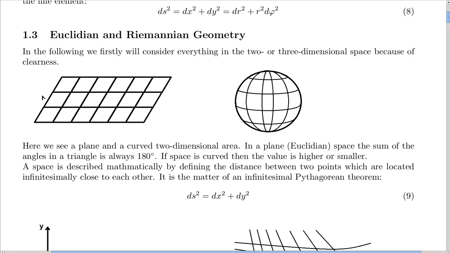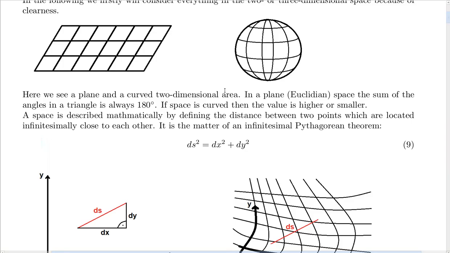Here we have a 2-dimensional uncurved space, a plane in Euclidean space, and here we have a curved 2-dimensional space. The surface of a ball or a planet is, we can say, a 2-dimensional curved space.